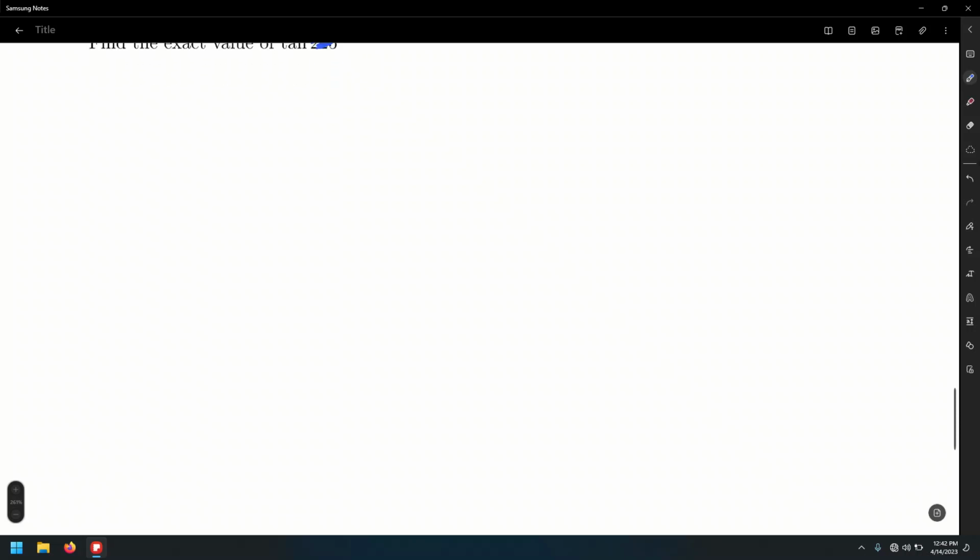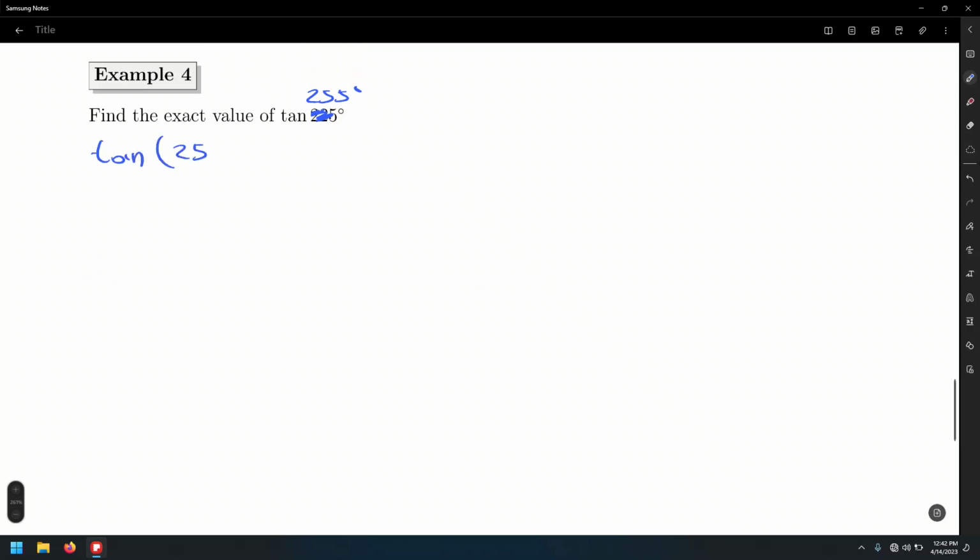The tricky part right here is to find the combination of angles that gives us nice angles, that is, angles from the unit circle that we already know. For 255, tangent of 255 is the same as saying tangent of 300 minus 45 degrees, and that's going to give us the 255 degrees.